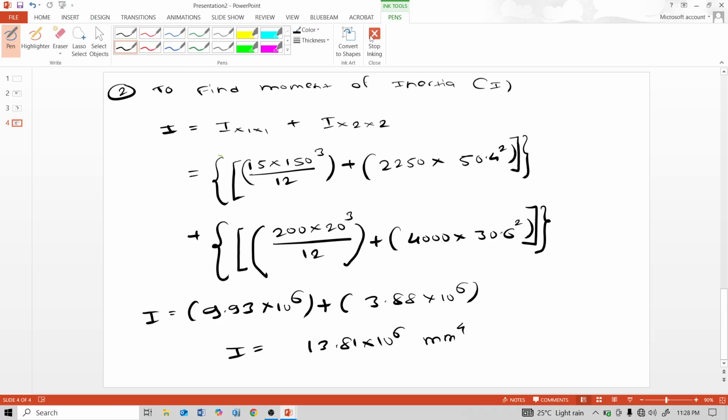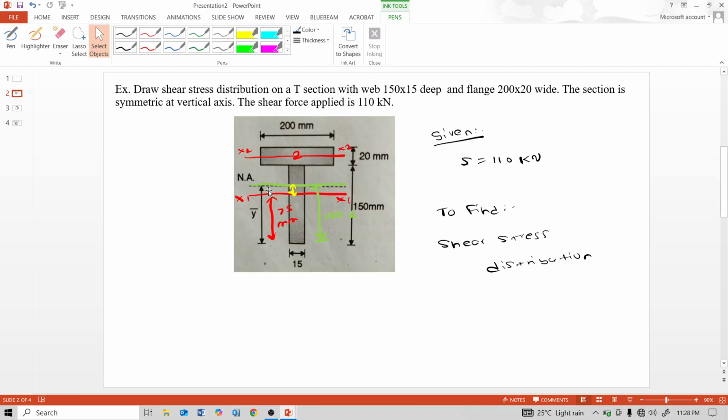Here, see, the distance between the neutral axis and the x1 axis is 129.4 minus 75 mm. This is 54.4.